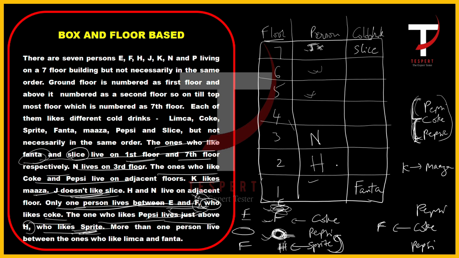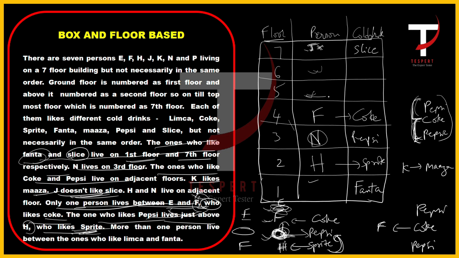So here Sprite comes because H likes Sprite, right? So this guy will be N, and N likes Pepsi. And above N will be F, the same arrangement. So F likes Coke.